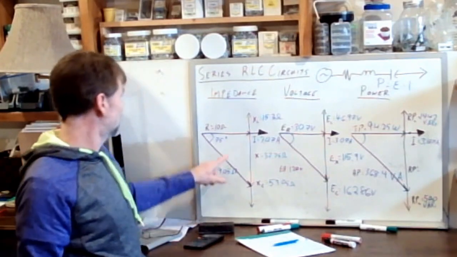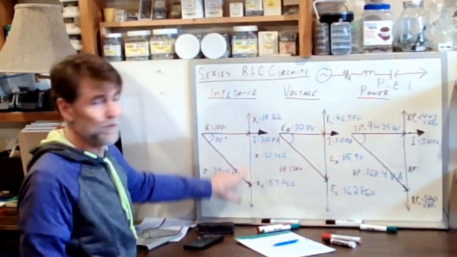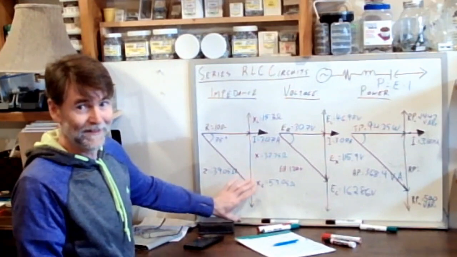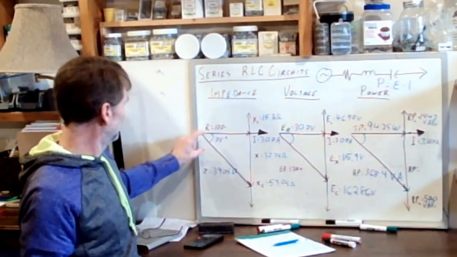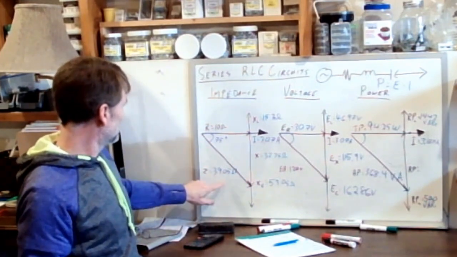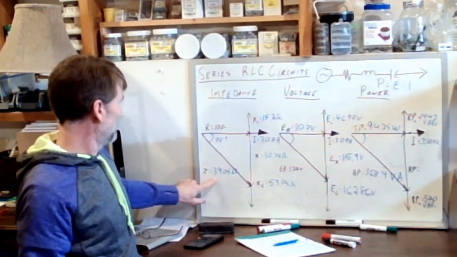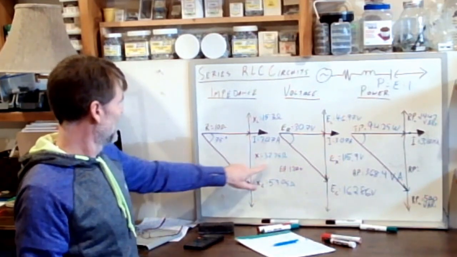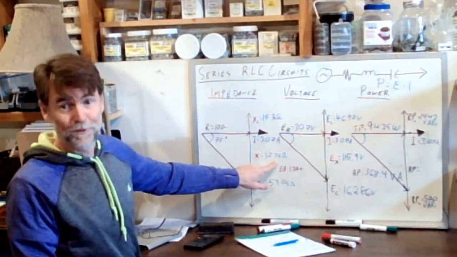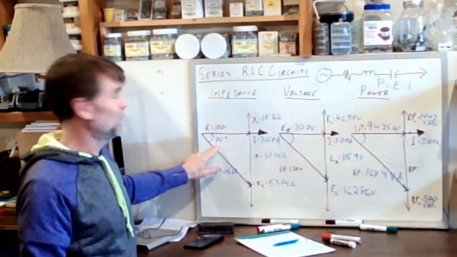Okay, so we can see that even though I put some effort into drawing this more to scale, I still didn't get far enough, did I? This is a really, really large angle, and we see that when we compare our hypotenuse at 39 ohms and our opposite at almost 38 ohms. This is a huge angle.